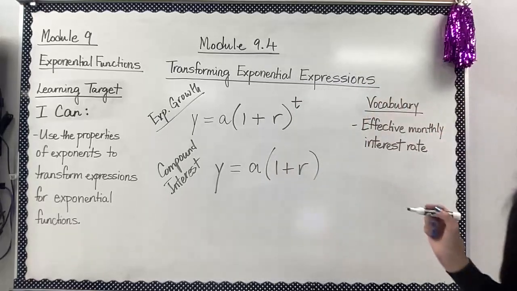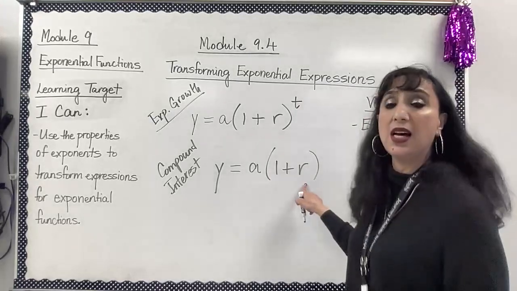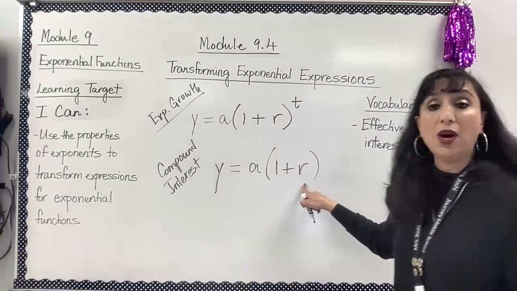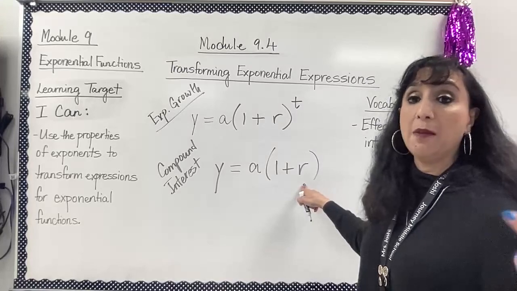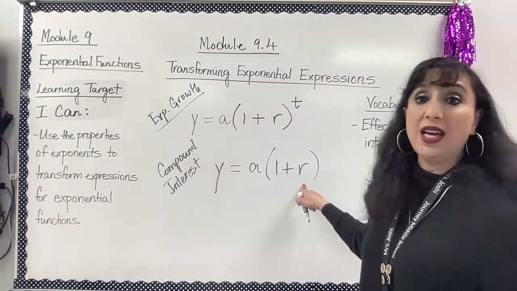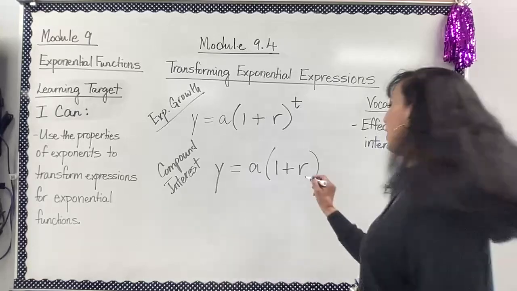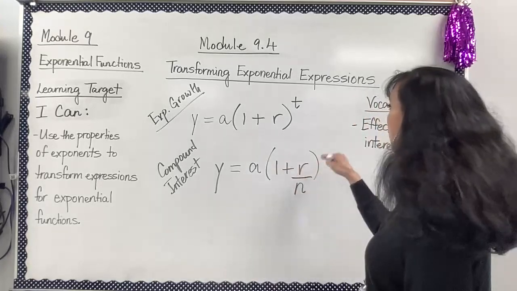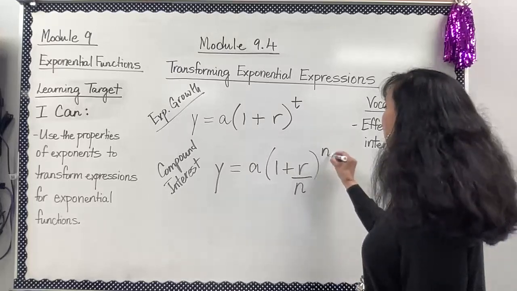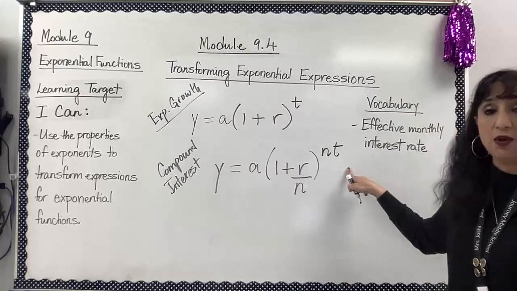The only difference is that we also need to see how often the amount is compounded: is it compounded annually, bi-annually or semi-annually, quarterly, or monthly. That is what this compounding is. The rest of the formula is the same, and then we have n times t, how much it's compounded times the time.